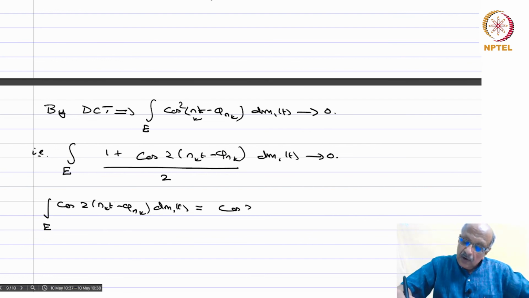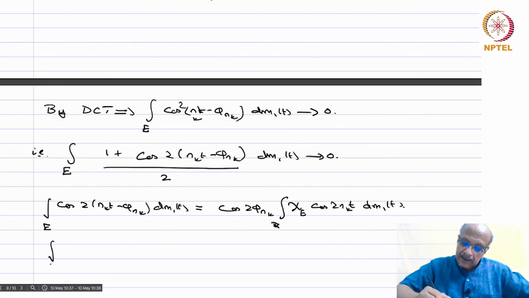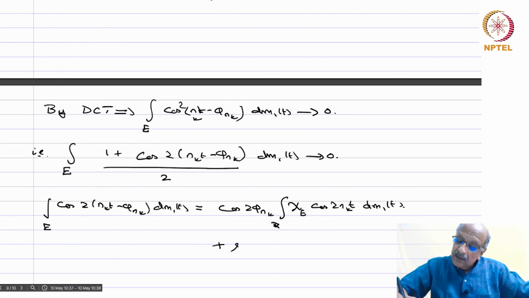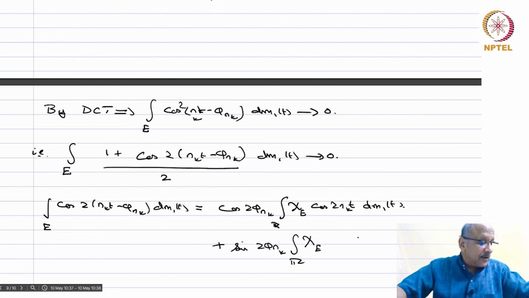It is cos 2 phi nk times the integral over R of chi E cos 2nk t dm1(t), plus sin 2 phi nk times the integral over R of chi E sin 2nk t dm1(t).